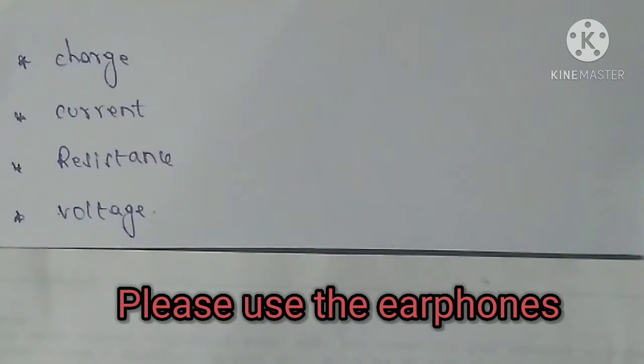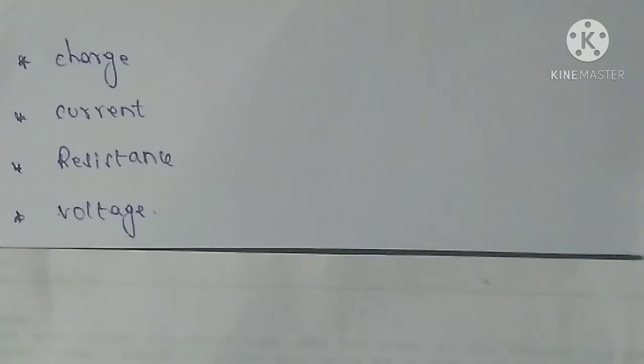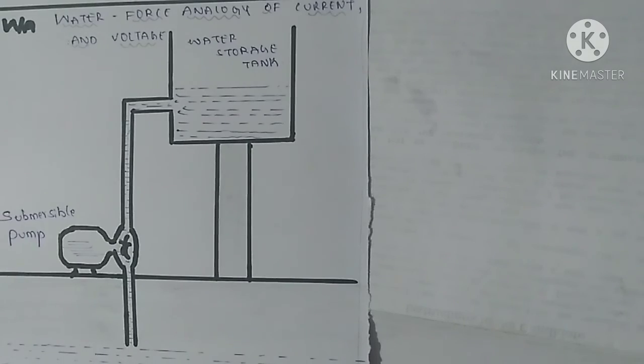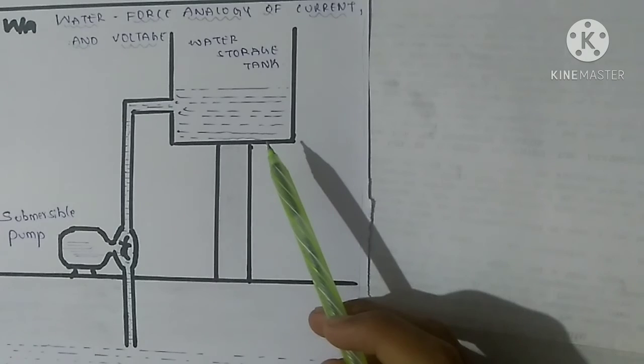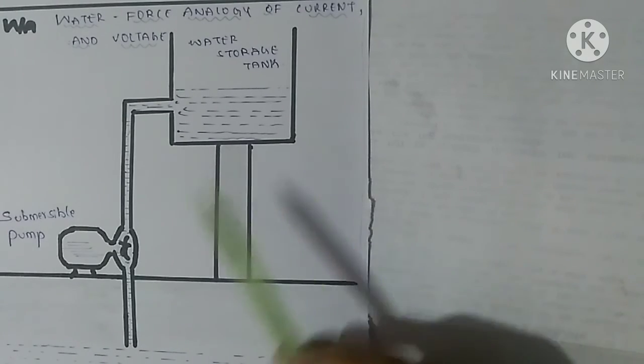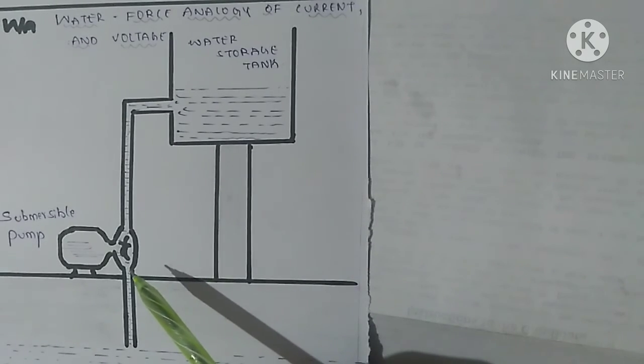In this session I am going to explain charge, current, resistance and voltage. For an easy understanding, let us take an example of the water tank analogy. Here consider a water tank at a certain height which is filled with water with the help of a submersible pump.